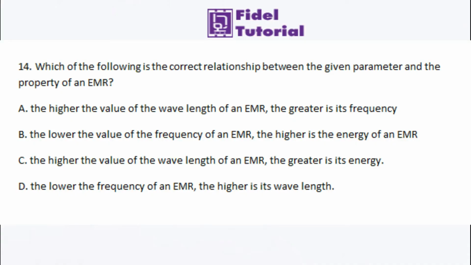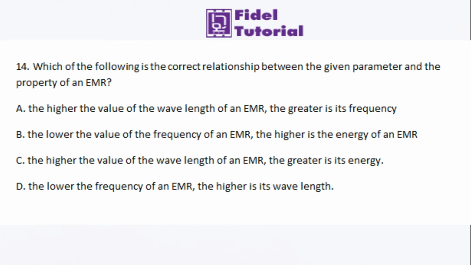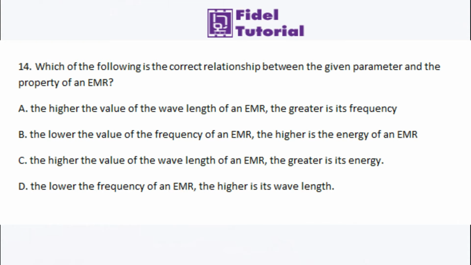Number 14. Which of the following is the correct relationship between the given parameters and the properties of the EMR? A, the higher the value of the wavelength of an EMR, the greater the frequency. B, the lower the value of the frequency of an EMR, the higher the energy.